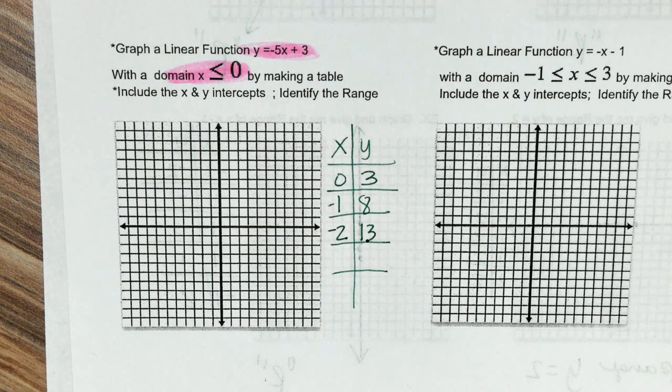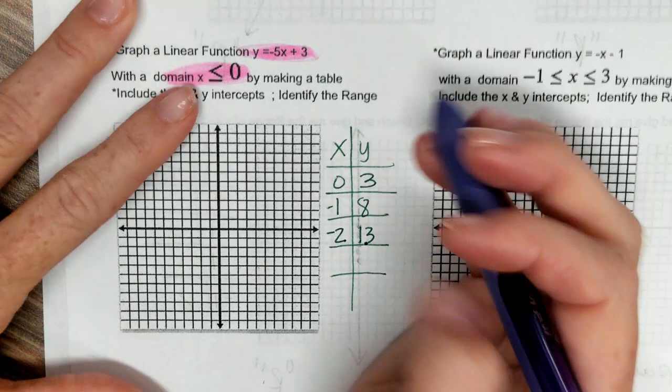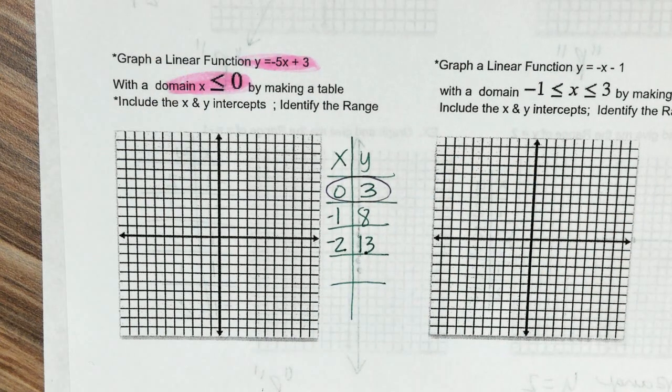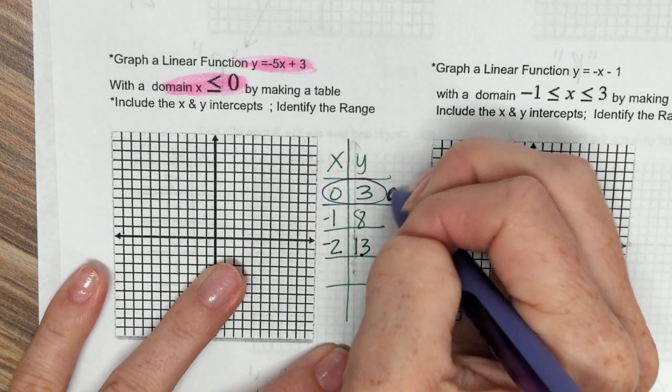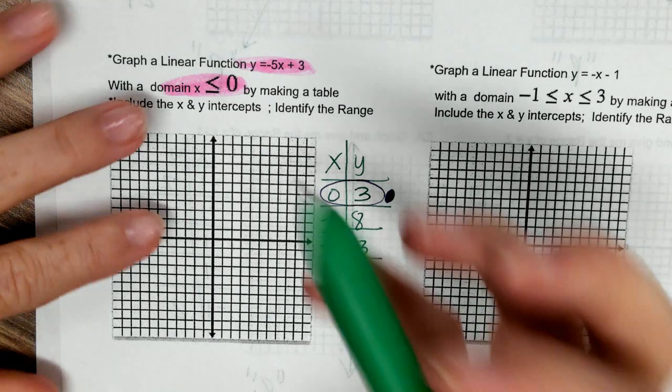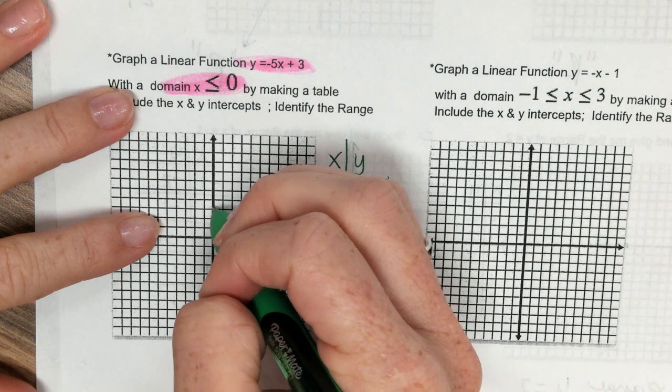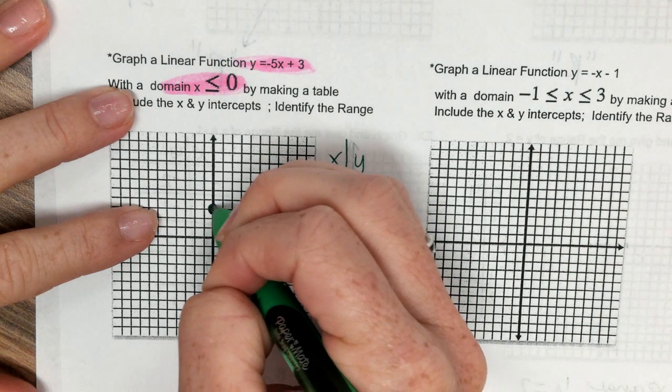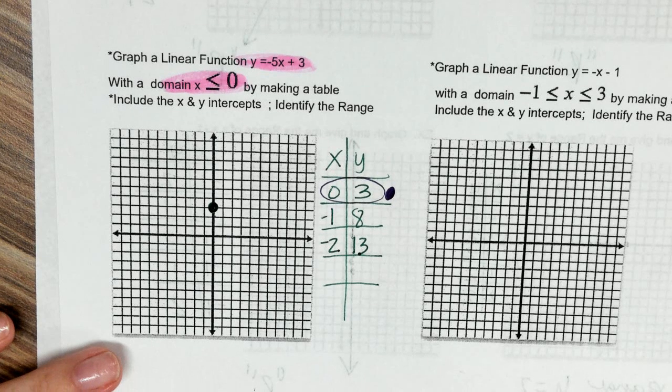Now, where's my big dot for my ray going to go? Right here. This is my starting point for my ray. This is where my big dot's going to go. That way you know where to start your ray. Okay? So go graph 0, 3. Put a big dot right there so you know that's where you're starting your ray.